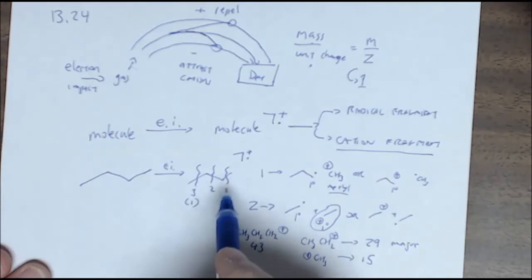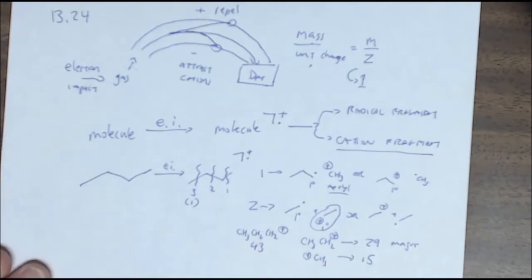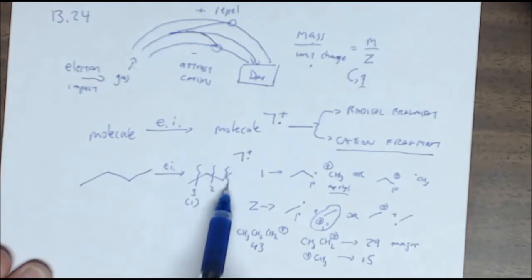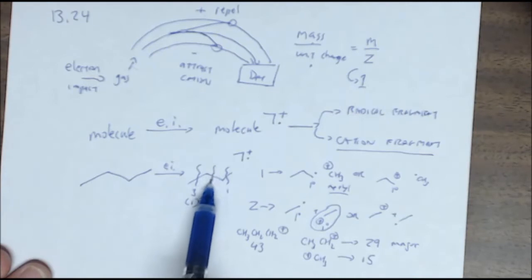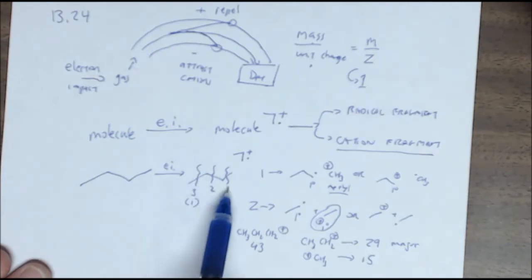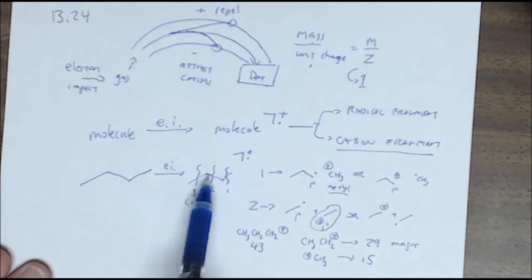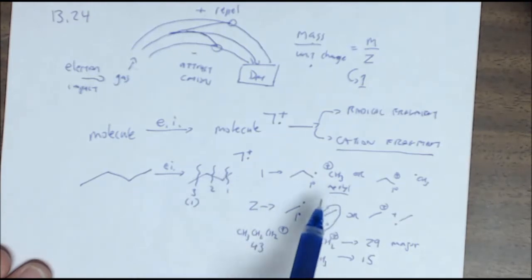Now we're expecting this thing to break down, and there are three different locations, 1, 2, 3, where the bonds can break. I can break this first bond, this second bond, and if I break this third bond, it's going to give me the same type of thing, because butane is pretty symmetrical, so I'll see the same thing on the other end.